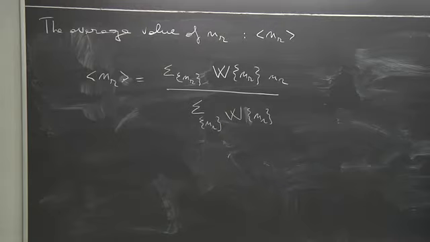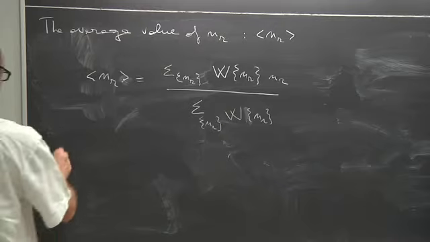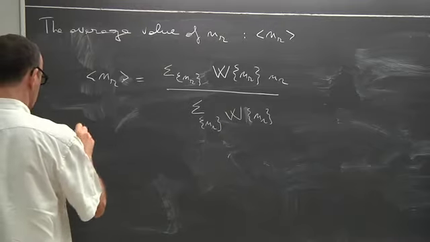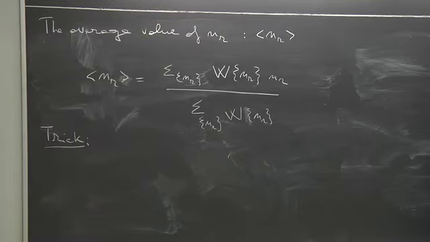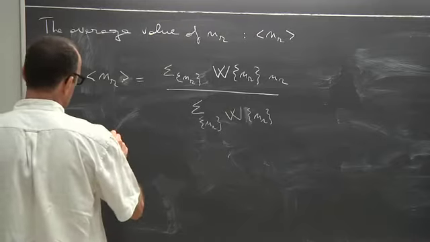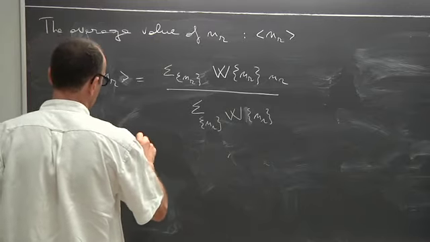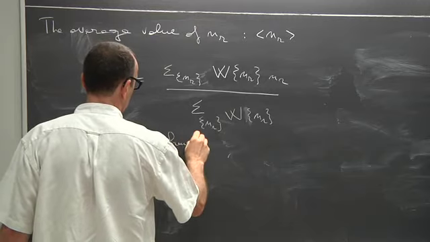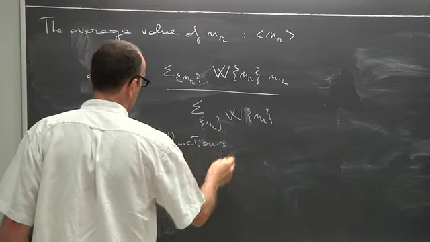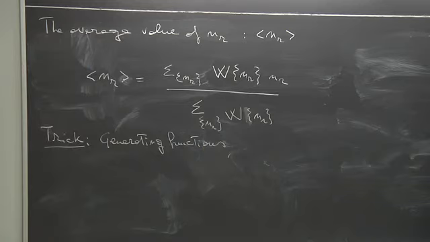Now I want to introduce a trick which is very common, and is that of introducing a generating function. So when you have to compute an average like this one, this is a very complicated object.